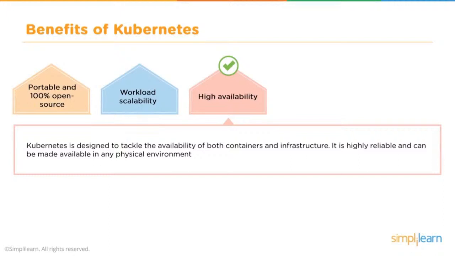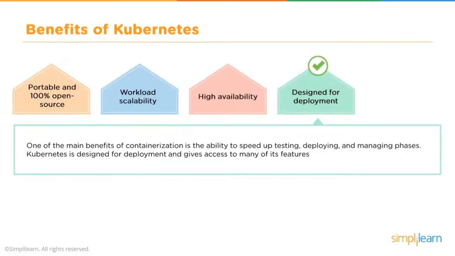So if you're building out a Kubernetes management environment, you know that it's going to be available for the solutions that you're maintaining. And it's really designed for deployment, so you can script out the environment and actually have it as part of your DevOps model so you can scale up and meet the demands of your customer.